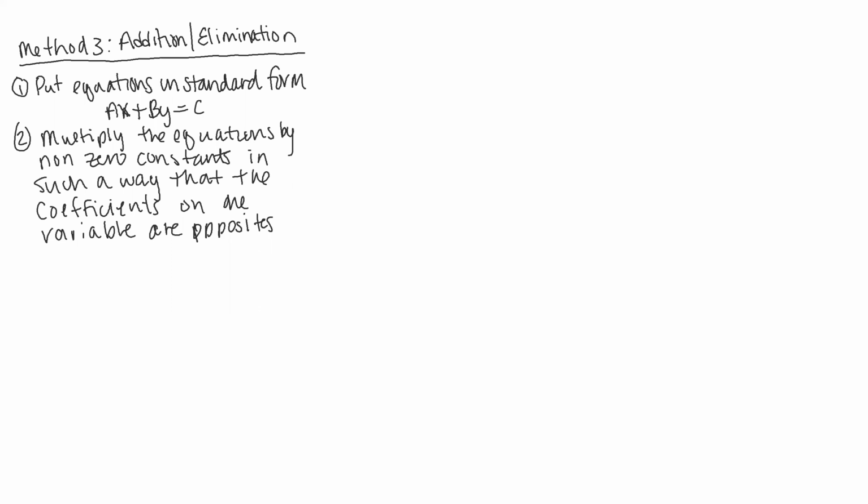And the way we do it is we multiply one or both equations by non-zero constants, forcing the coefficients on one variable to be opposites. So then after you do that, you add the 2 equations together. So add the equations and solve. Once you do that, you have the value for one of the 2 variables.